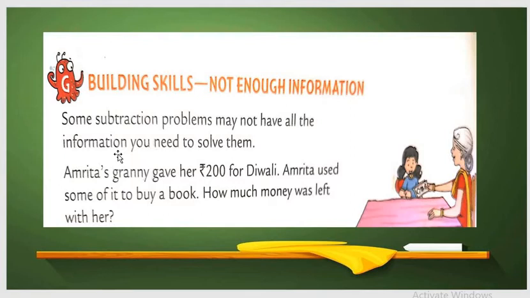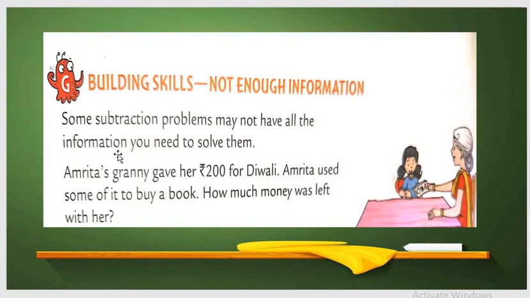One word for information is data. So some subtraction problems may not have all the data you need to solve them. We cannot find the answer easily because we do not have all the information we want.